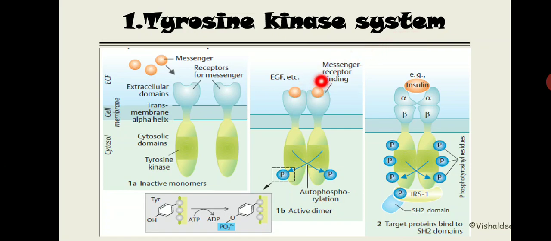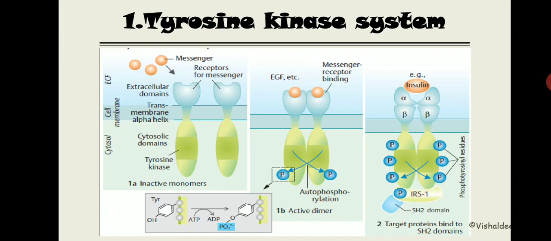Once the ligand binds with the extracellular domain, it causes phosphorylation of the tyrosine residue that is present inside the intracellular domain. Once they get autophosphorylated, they phosphorylate different proteins inside the cell.